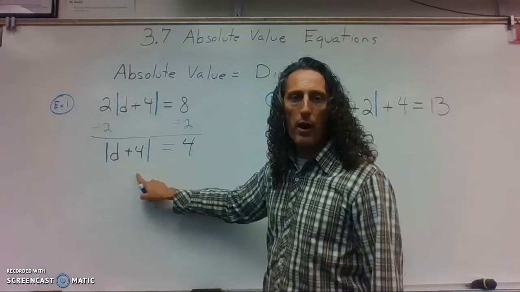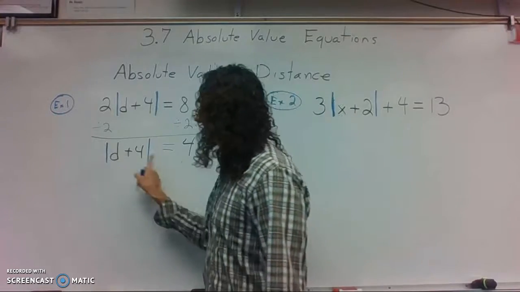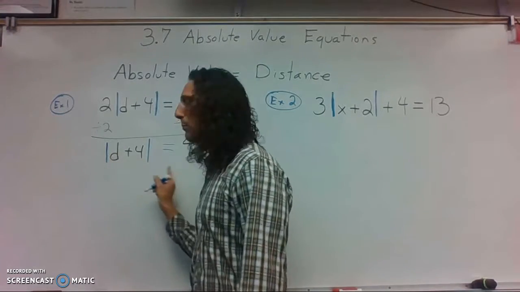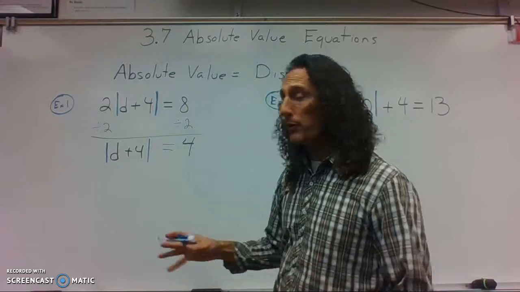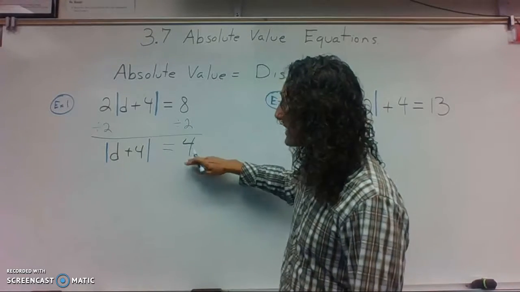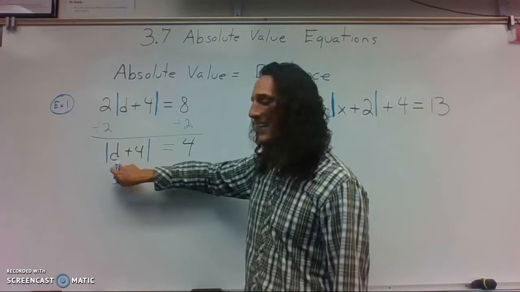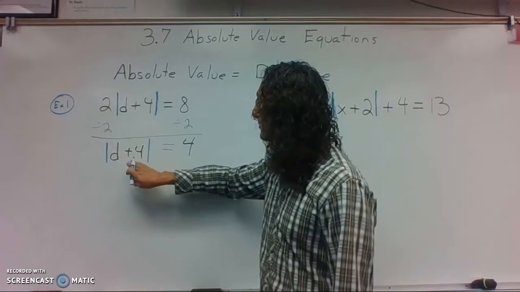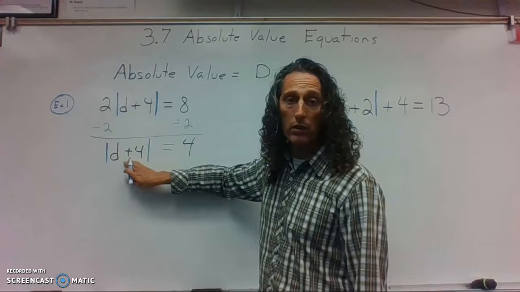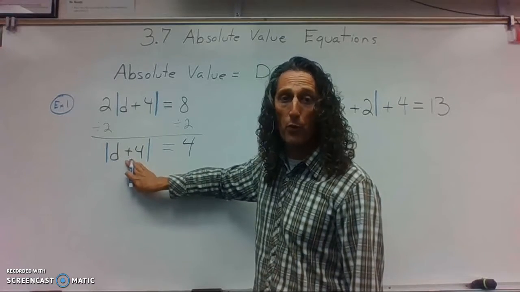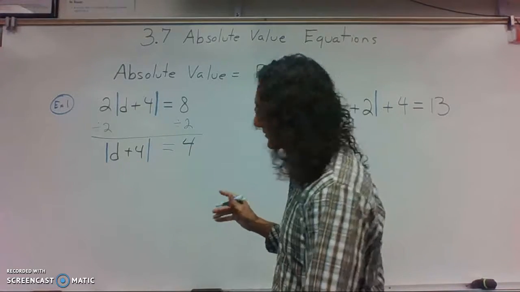So now my box is by itself. There's nothing on the outside. So once I have the box by itself, remember that the box is going to have to equal 4. That means that whatever d is, it's going to have to make a 4, either a negative or a positive 4, for that to be 4 spaces away.